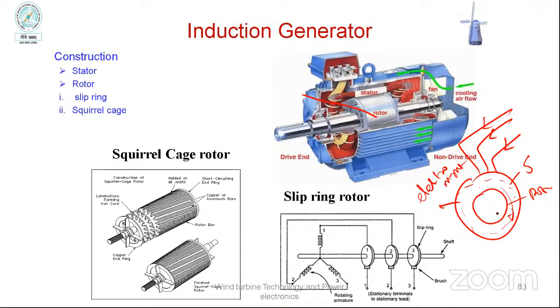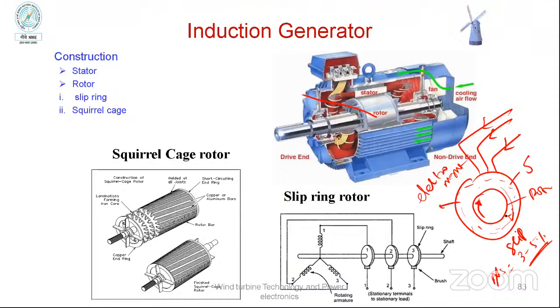The rotor field also will create one EMF. The rotor field and stator field move together, right? But the difference in speed is called the slip. You might have studied this. The slip percentage is maybe 3 to 5%.